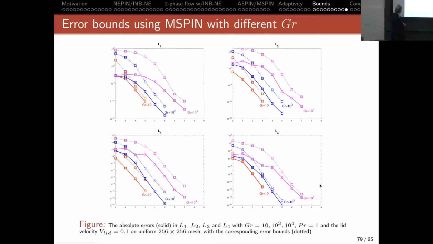And run that problem. So those four functionals are shown in those four plots for an evolution of Newton steps on the x-axis and a log of residual on the y-axis. And the thing to notice is that the absolute errors, which are solid, are always bounded by their corresponding estimates from the theorem.